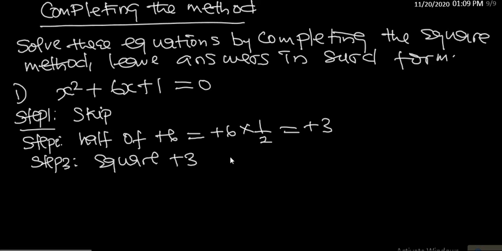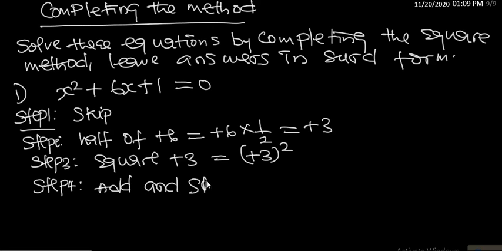Plus 3 squared gives you plus 3 squared. And the fourth step is to add and subtract the square, and factorize.